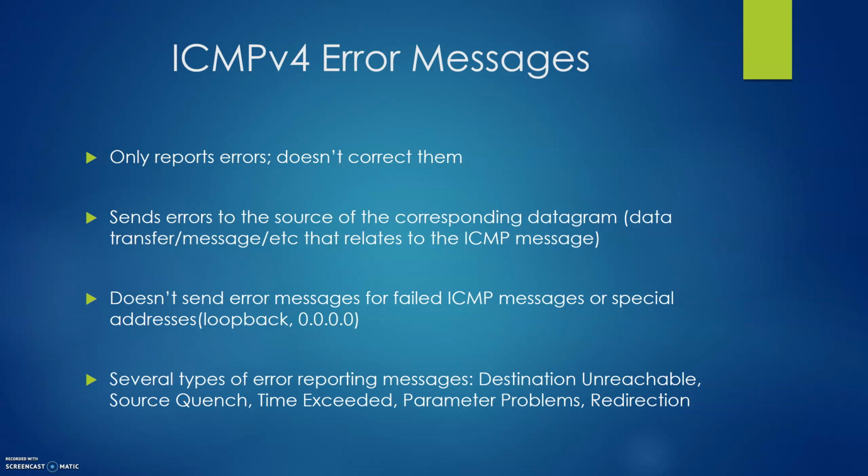So starting with error messages, ICMPv4 only reports errors, it doesn't correct them. It relies on other features to do that because it's primarily a messaging service. It sends errors to the source of the corresponding datagram, which is the data that gets sent by IPv4.